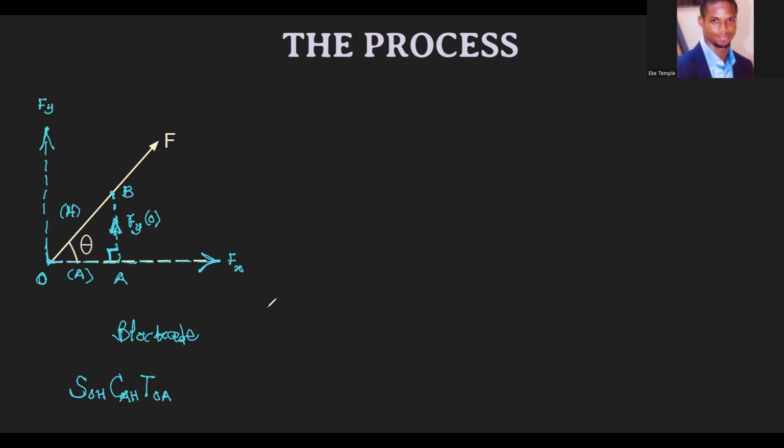I started off by taking cosine for reasons that will be obvious very soon. Cosine of the angle, cos theta, is the ratio of the adjacent to the hypotenuse. The adjacent is this force F sub x, that side. So I have F sub x divided by the hypotenuse, and the hypotenuse is F.